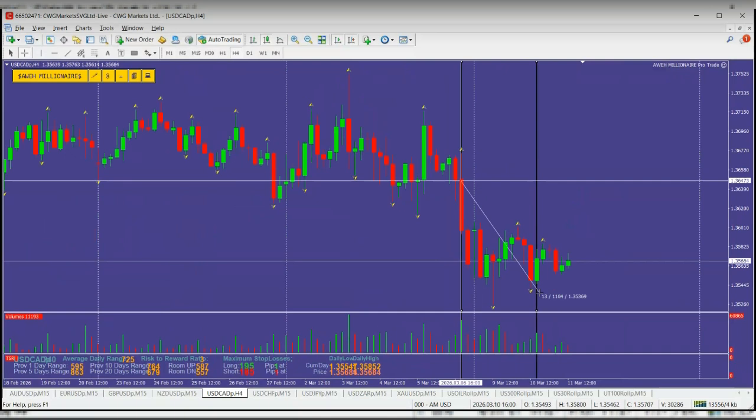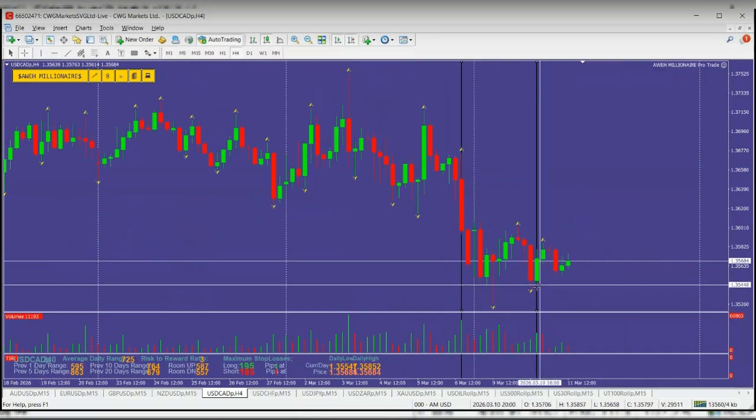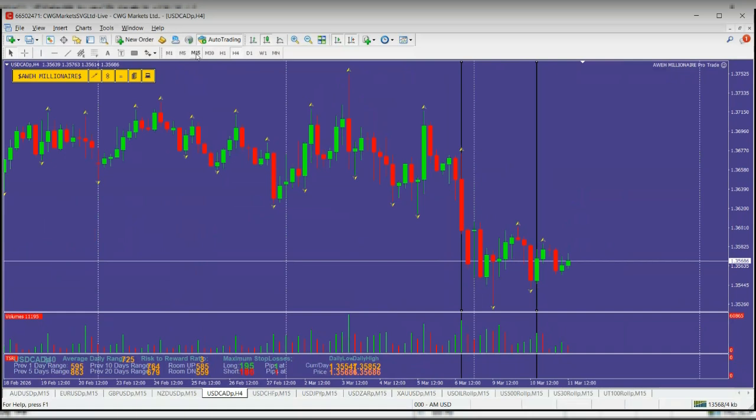So here's potential supply and here's potential demand on dollar CAD 4-hour.